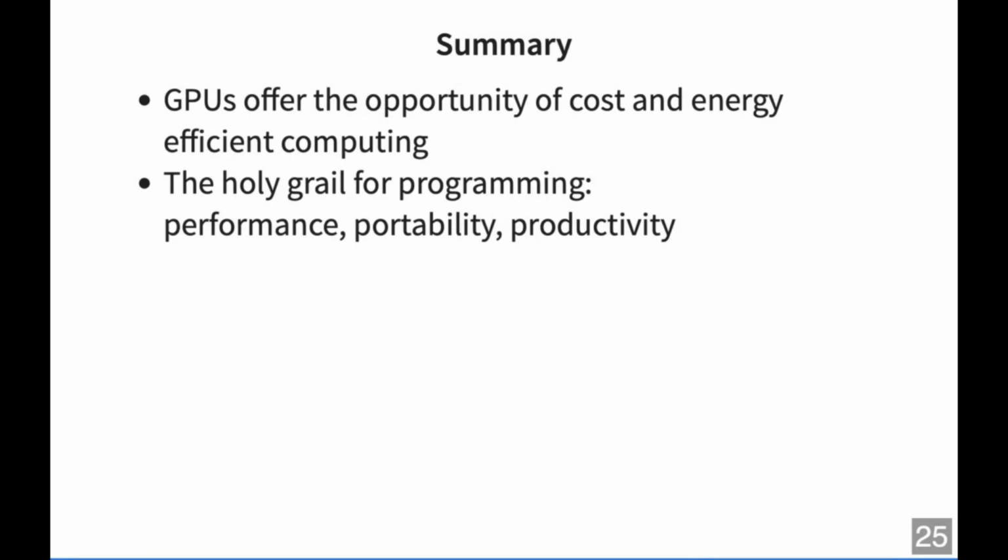That is the ease of writing new code and the ease of development of an application in a given framework. Okay, I'm going to stop there.